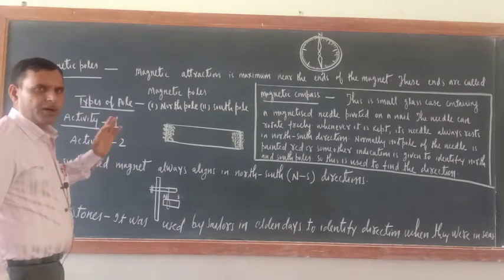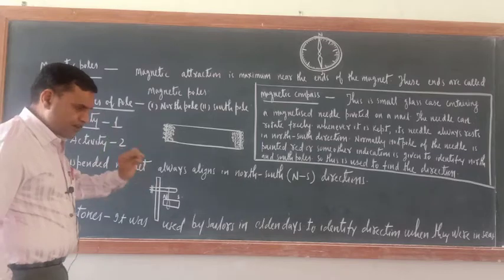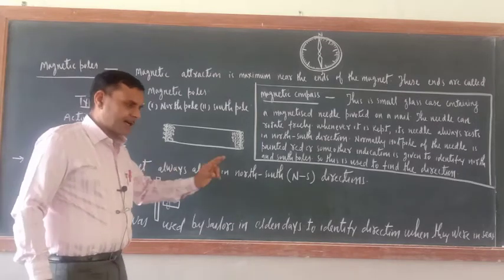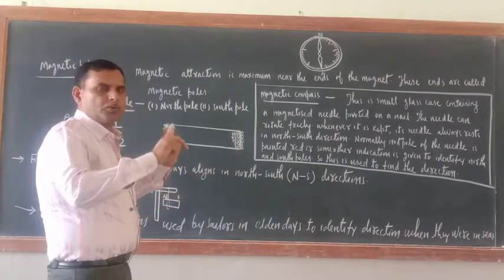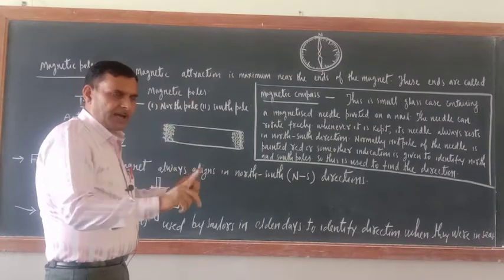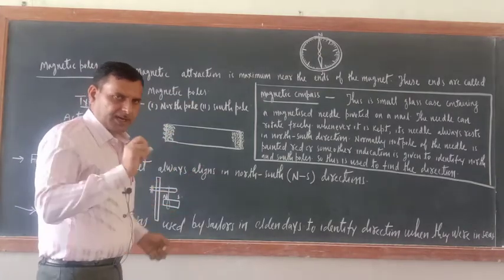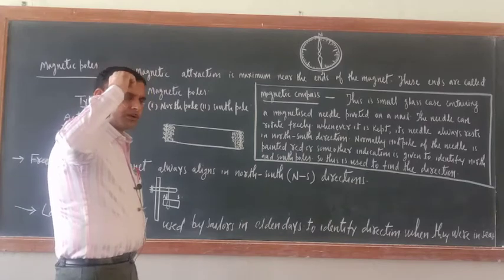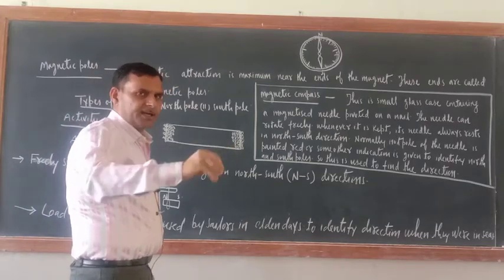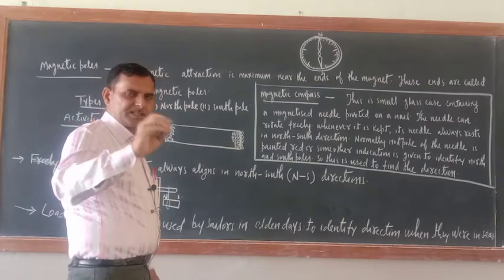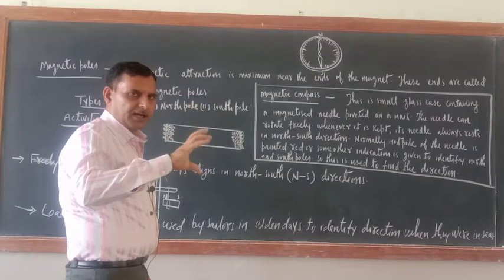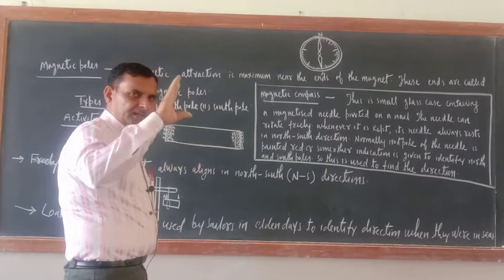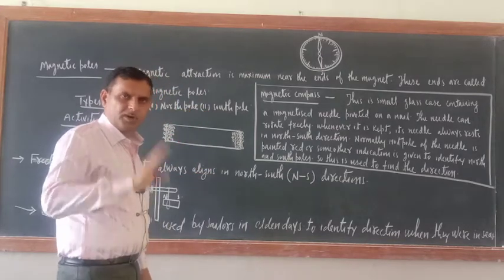After some time what you will see is that some materials get attracted to all parts of the magnet, but when you shake it, the materials which are attracted at the middle of the bar magnet fall down.